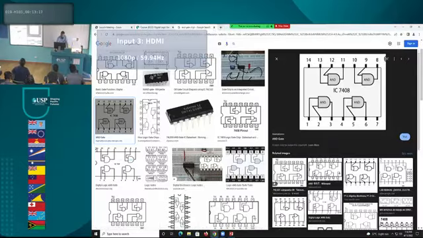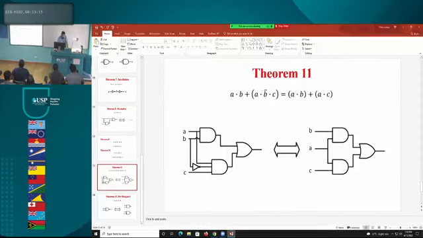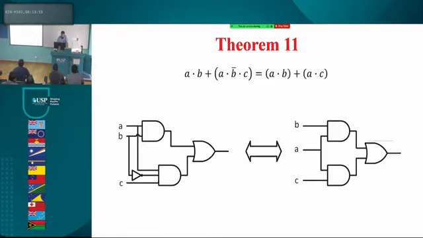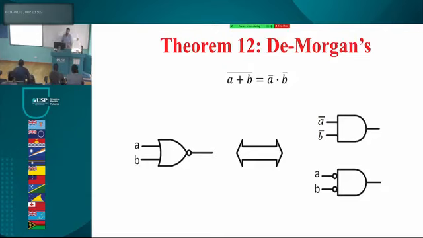Okay, where did my PowerPoint go? Right, here we are. All right, De Morgan's. De Morgan's theorem is basically how you can convert a NOR gate to an AND gate.